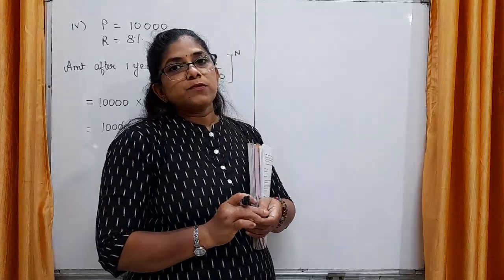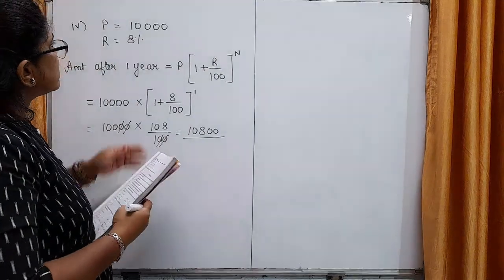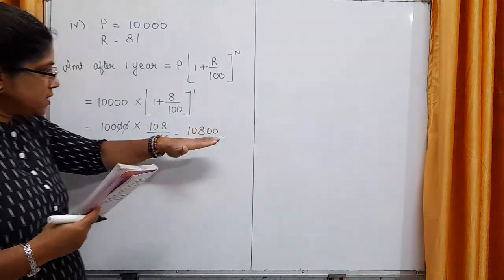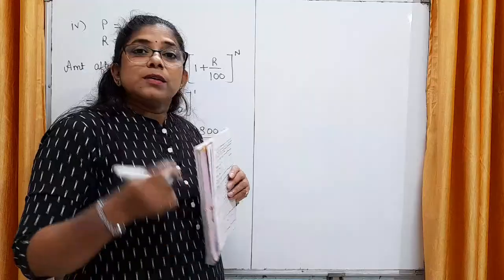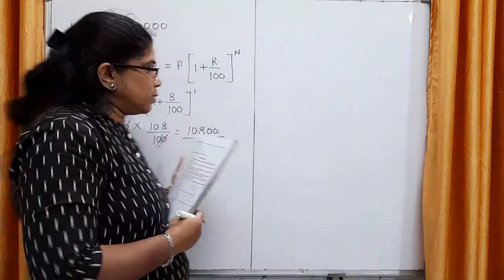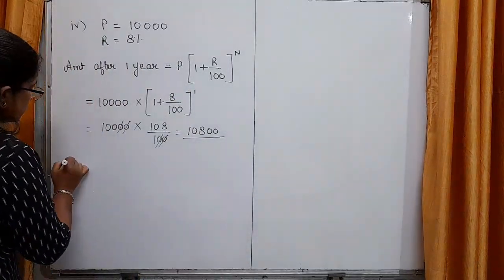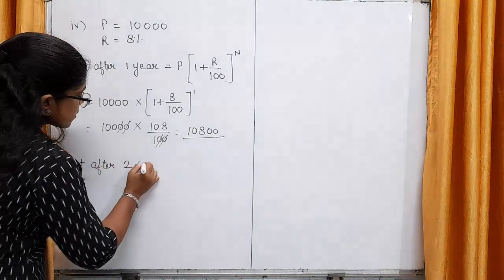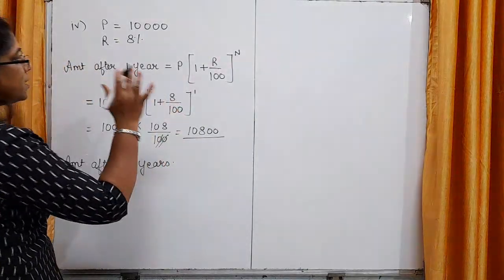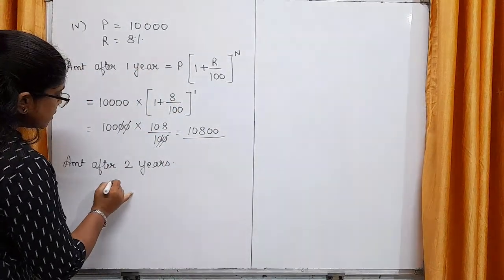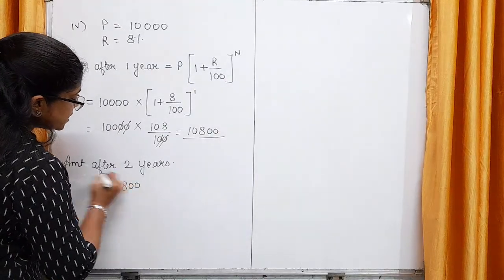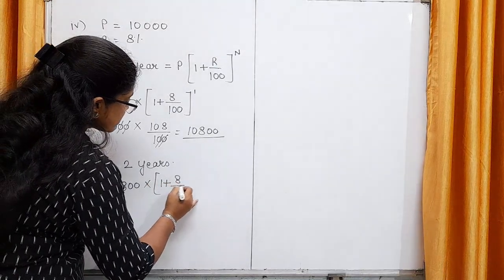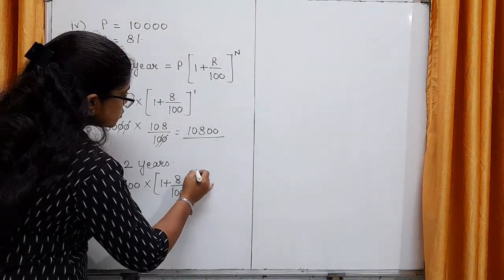Now to find the amount after 2 years, we can take 10,000 as principal amount and n as 2 years, or for the next year, consider this as principal amount. This is actually how the compound interest is calculated. Okay. Now amount after 2 years. Now to make it a little bit easy, I will consider principal amount as 10,800 for the next year into 1 plus 8 upon 100 to the power of 1.